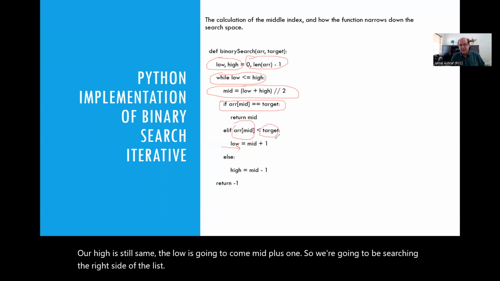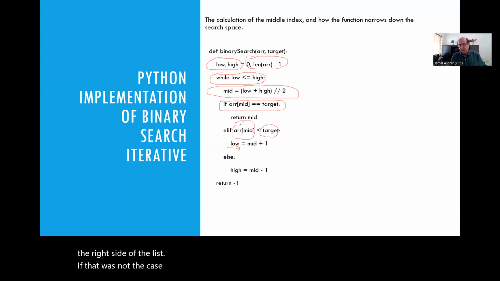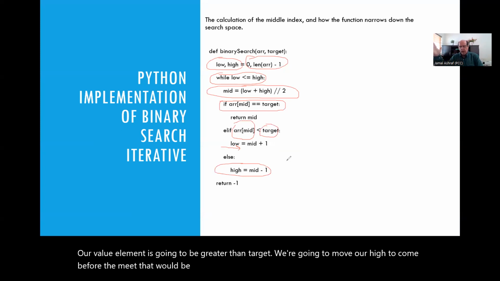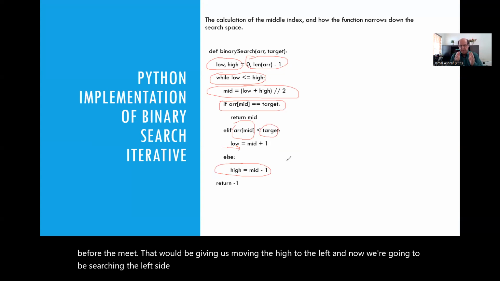If that was not the case, meaning that our element value is greater than the target, we're going to move our high to come before the mid. That would be moving the high to the left, and now we're going to be searching the left side. So depending on the value, we're going to go to the left or we're going to go to the right, and we do the same process again.